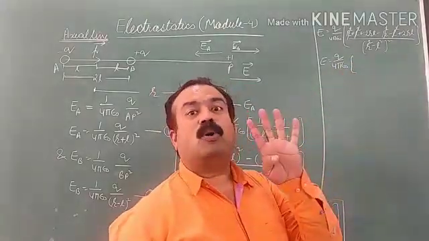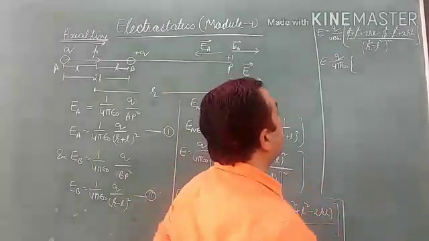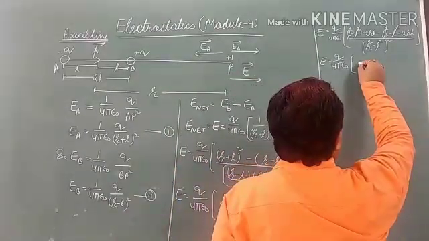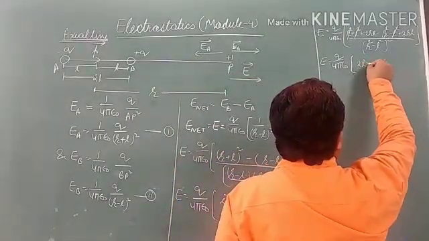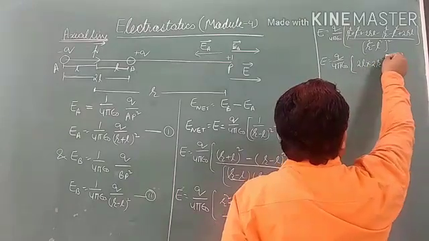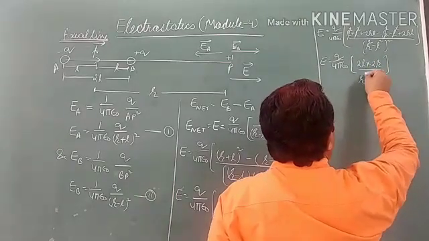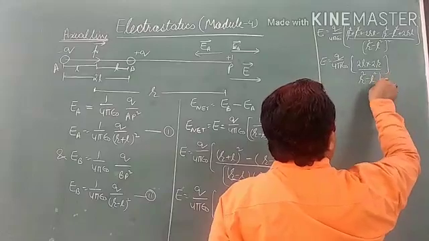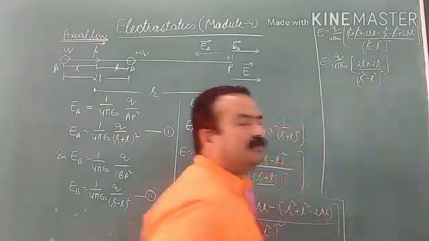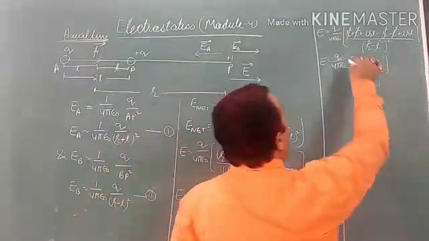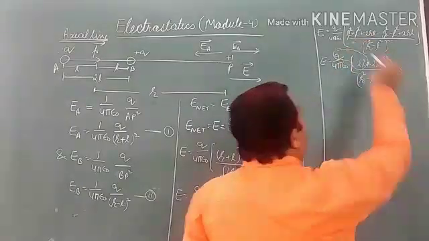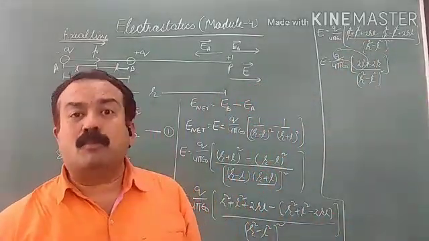2RL becomes 4RL, but I can write 2L into 2R because I know what I want in my next step. Here you all know that Q into 2L is the electric dipole moment.